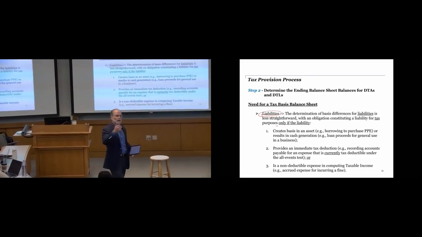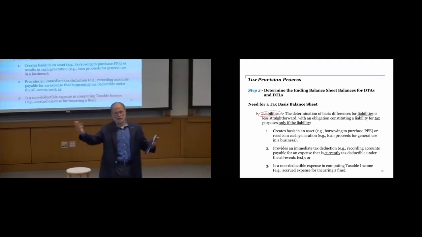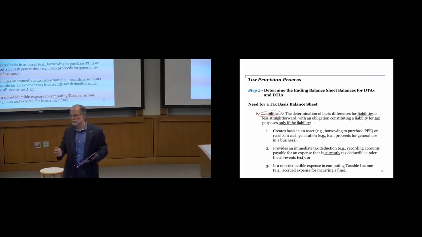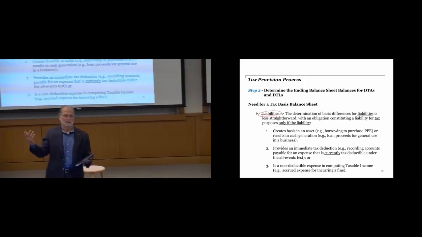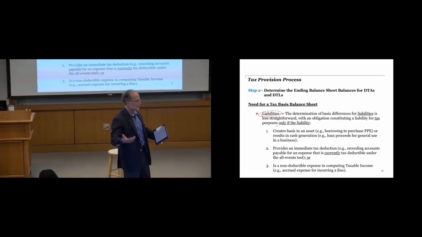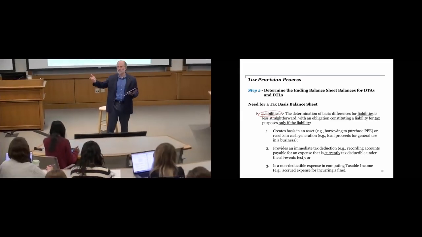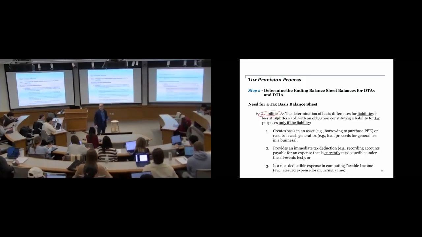So think about a fine. If the business is fined by a regulator, that's an expense for accounting purposes, right? It relates to the business, but we don't get a tax deduction. The government doesn't subsidize us for fines because they don't want to be subsidizing those costs. But if I accrue that liability for the fine, I still have tax basis in that liability.